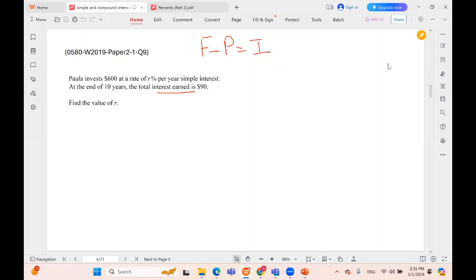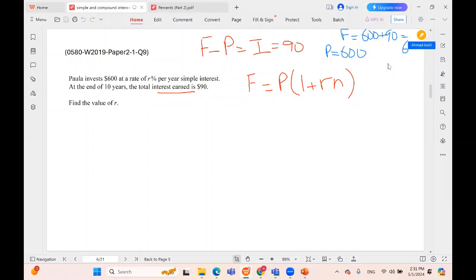And our formula is F equals P times 1 plus Rn. Now we are given that F minus P equals 90, and we are given that P is 600. So therefore, F is equal to 600 plus 90, which is 690.